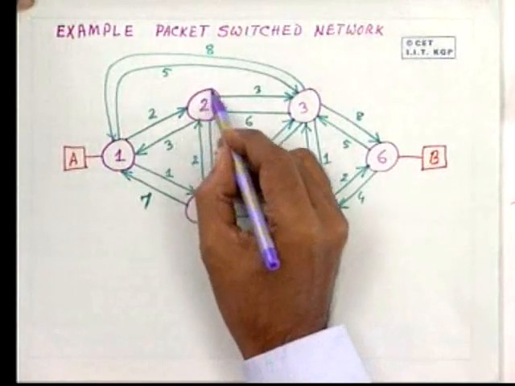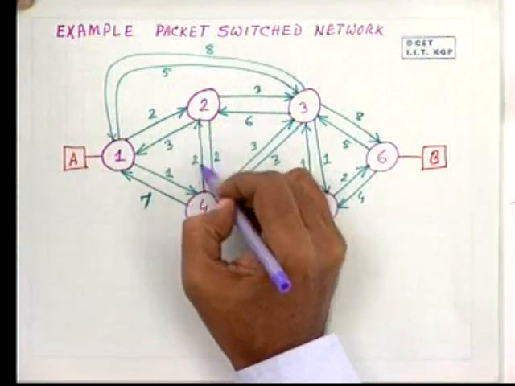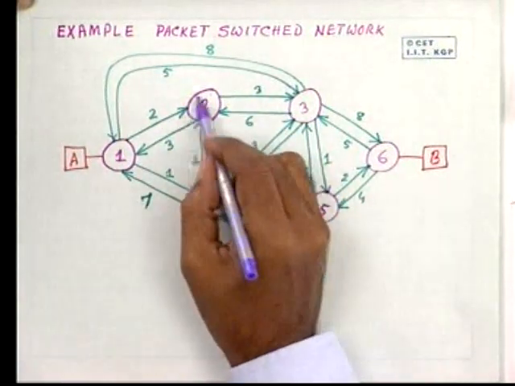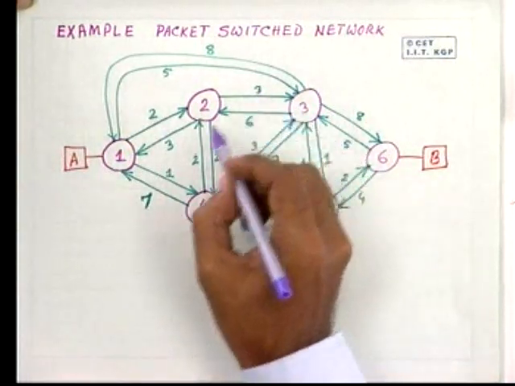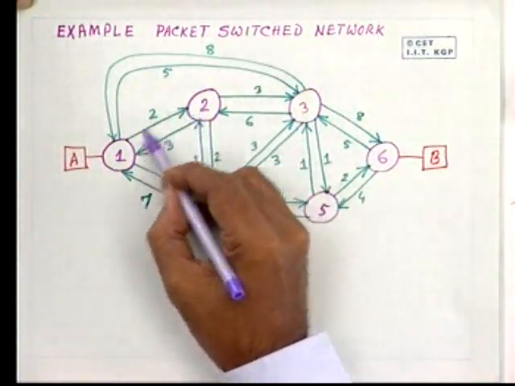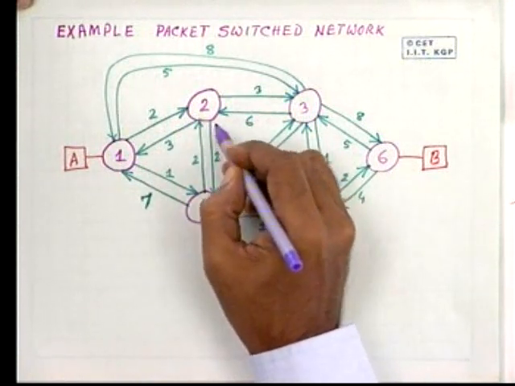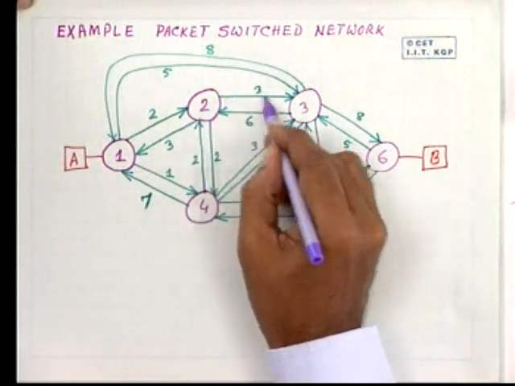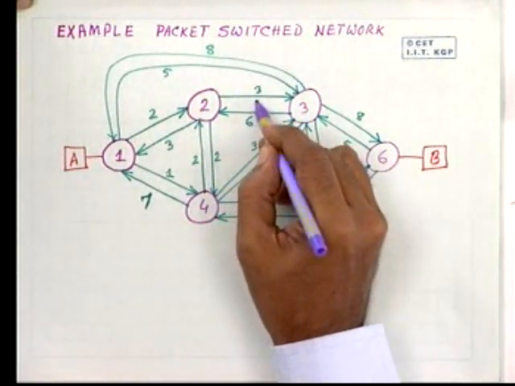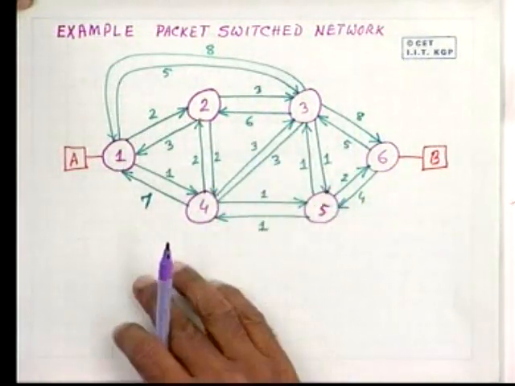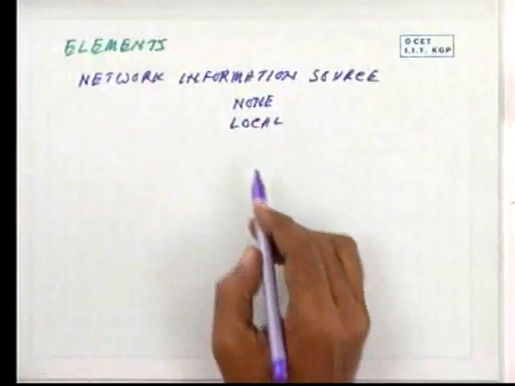For example, the decision can be taken by this node based on the cost of these links. So it is local to this particular node. And depending on, for example, it has received a packet through this node, and it has to transmit either through this or through this. It finds that this link has lower cost than the other one, so it will forward through this. So this is based on this local cost.